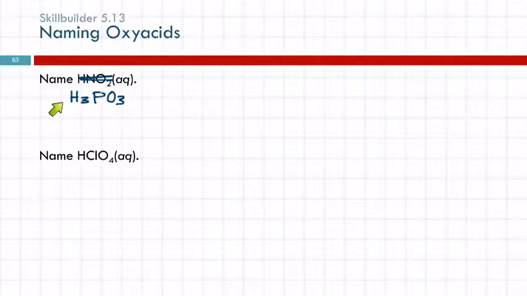So what we need to do is cover up the hydrogens, and we see PO3. The 3 hydrogens tells me, if I'm not remembering, that the charge is 3-. We need the name of that ion. What's a good guess? Phosphite is correct. Okay, phosphite, phosphate, those would both be pretty good guesses.